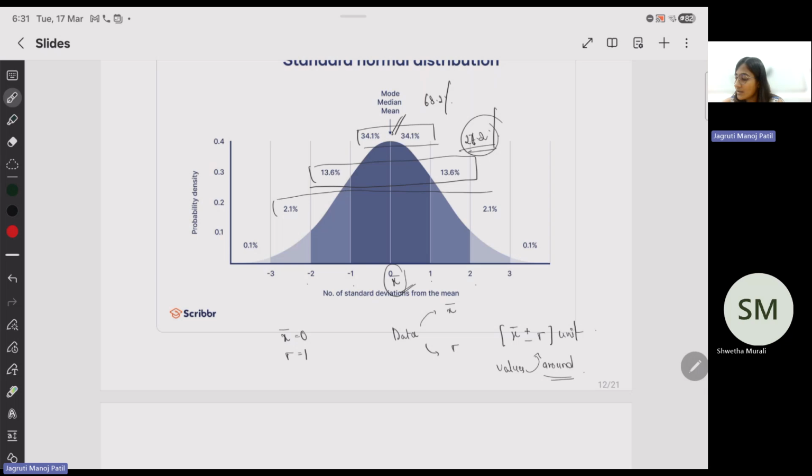Again, if it's higher, it would be like 4.2%. That's how you represent how much of your data is varying from the mean, with respect to standard deviation. Accordingly, you can compute the percentage of the data that falls within those bounds of standard deviation.